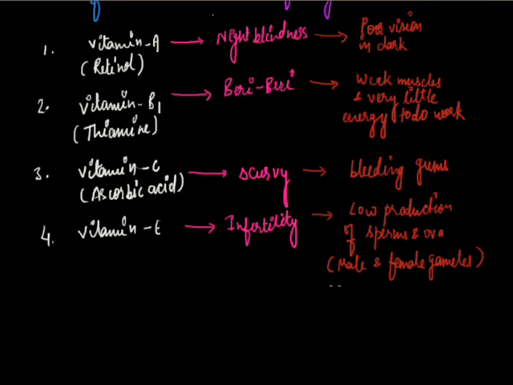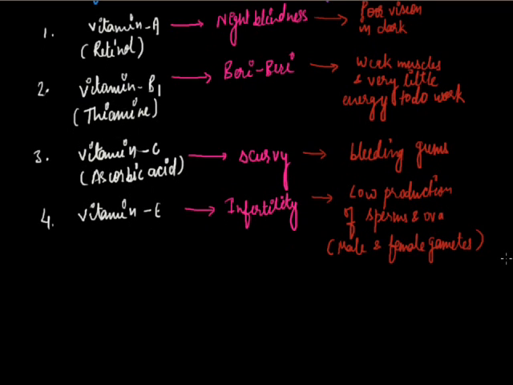So in short, in deficiency of vitamin E, gametogenesis will be stopped, and this will cause infertility. Vitamin E is also called tocopherol.